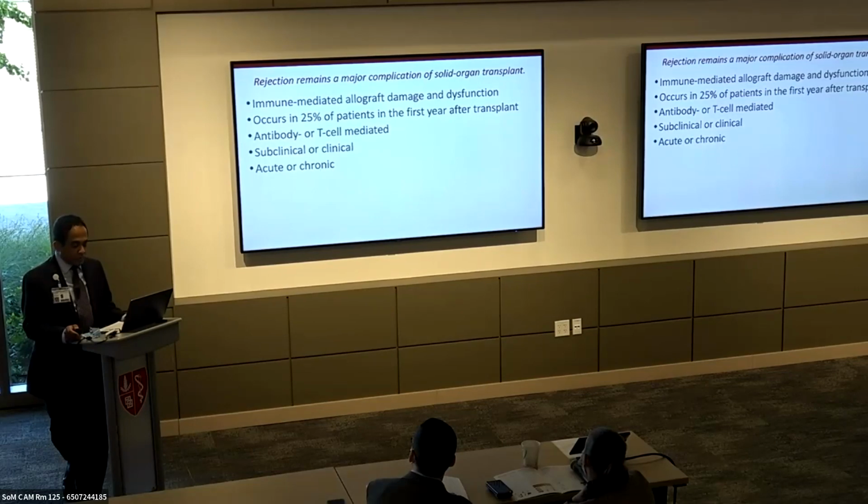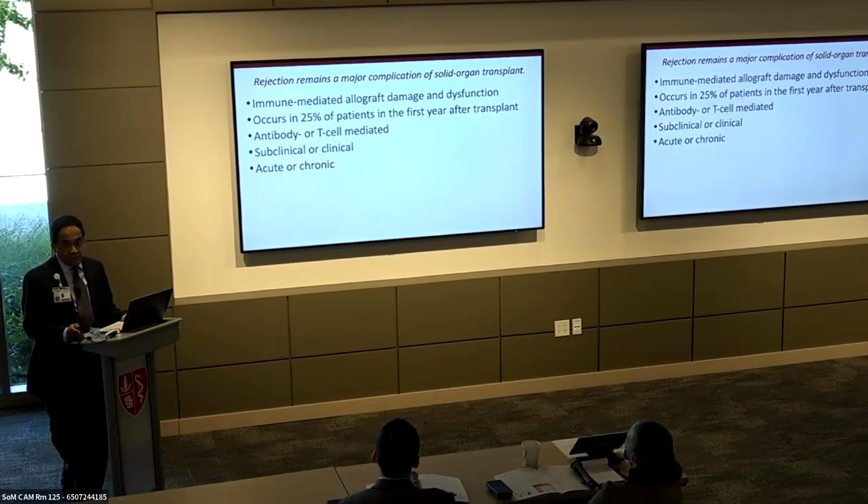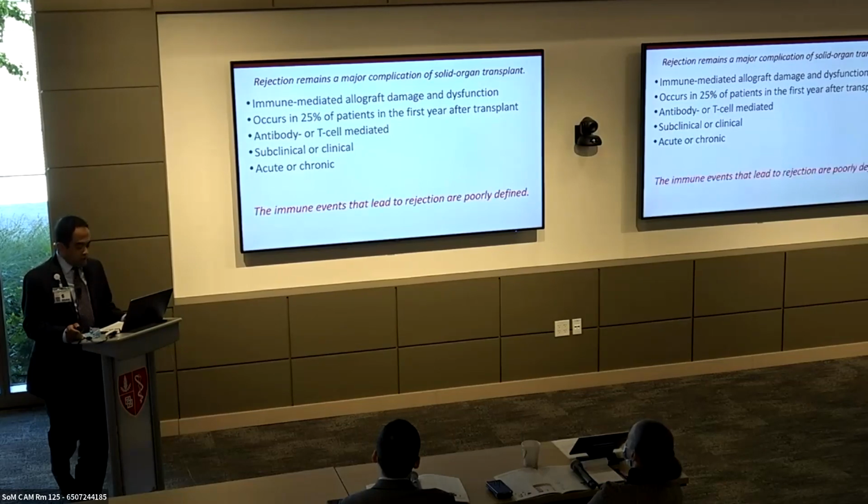Certain organs are certainly more prone to rejection than others, and damage is induced either directly by T cells or via antibodies directed against donor-specific antigens. It can be clinical or subclinical, and acute or chronic, depending on the speed at which this damage occurs. Unfortunately, our understanding of the events that lead up to the development of rejection is very poor, and this is the knowledge gap that we're looking to address with this study.